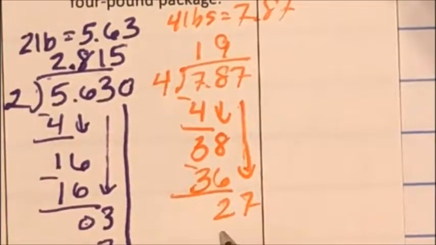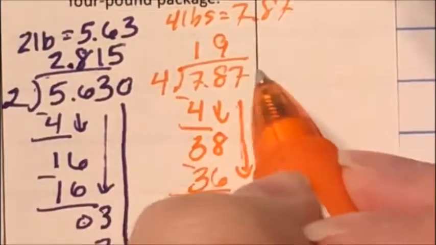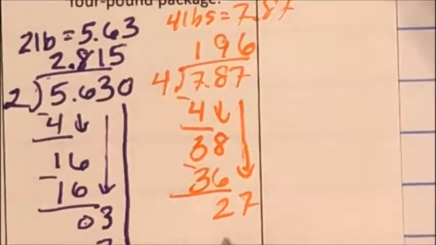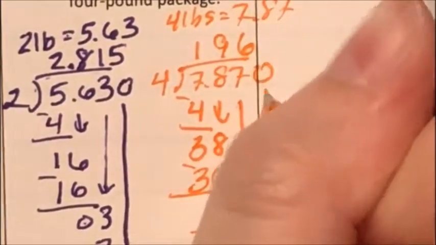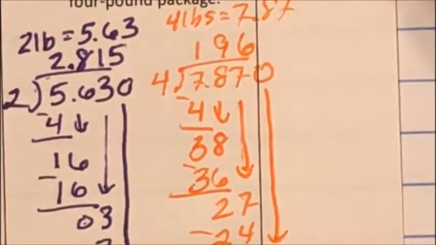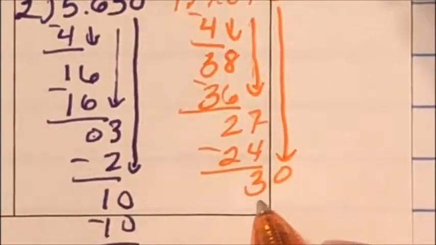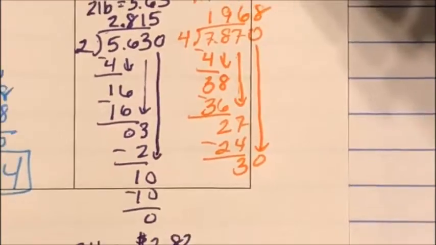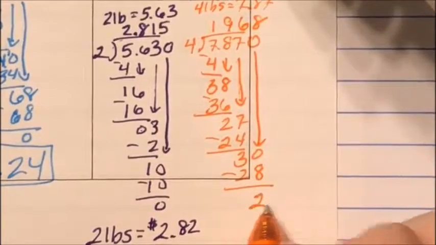4 goes into 27 6 times. 6 times 4 is 24. I subtract and get 3, and I'm going to annex 0 and bring it down. Okay. 4 goes into 30 7 times, which gives me 28, and I subtract and get 2.